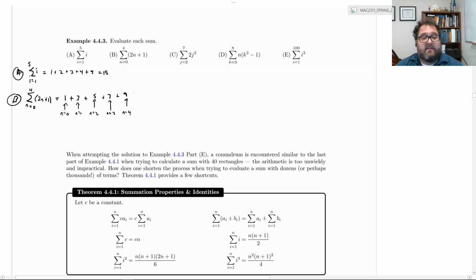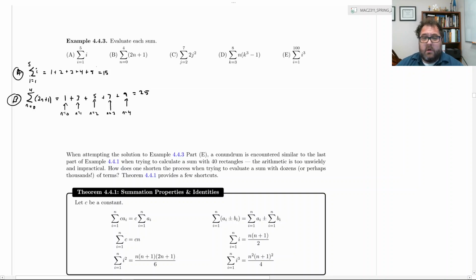And if we add these up, we get 1 plus 3, that's 4, plus 5 is 9, plus another 9 is 18, plus 7 is 25. The sum of the first 5 odd integers is 25, if I added those correctly.